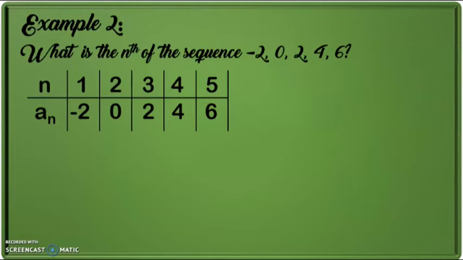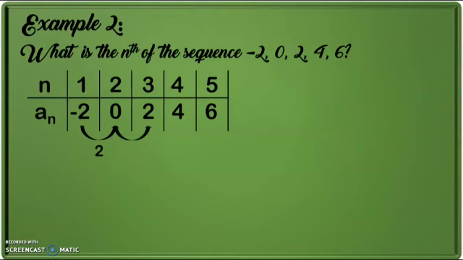This only shows the orders of the sequence. And the terms are negative 2, 0, 2, 4, 6. To find the general rule, let us find first the common difference of each term.